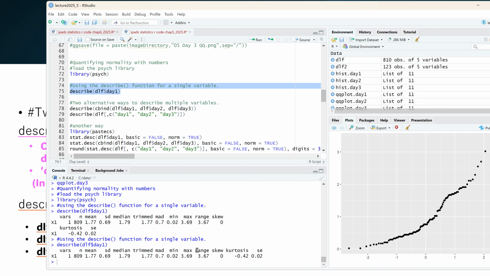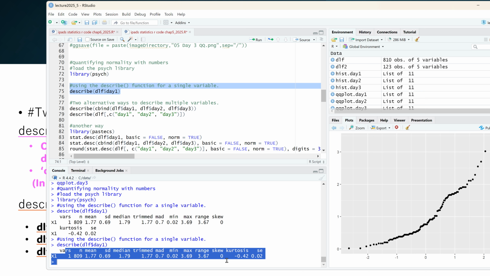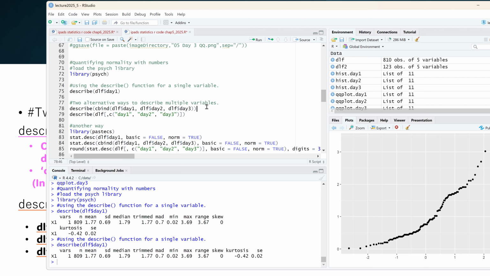Okay. We can check the skewness and kurtosis, standard errors, range, max, min. Describe is a very useful command. We can check a lot of statistics at the same time.